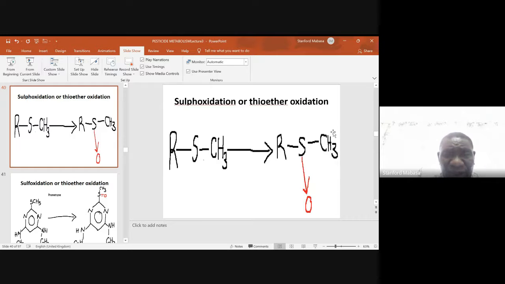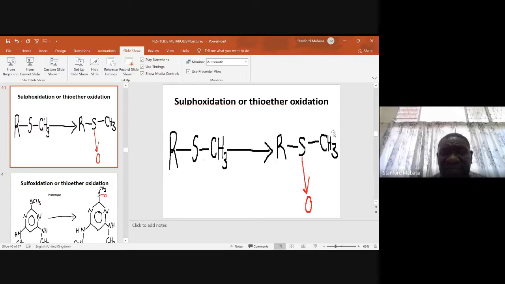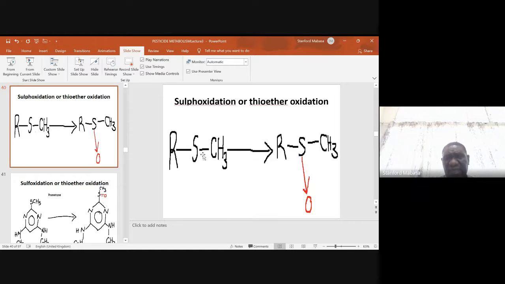This then is what is known as sulfoxidation or thioether oxidation. Now, when you have a sulfur within the molecule of a pesticide, there's a possibility of oxygen combining with sulfur through a process known as sulfoxidation or thioether oxidation.